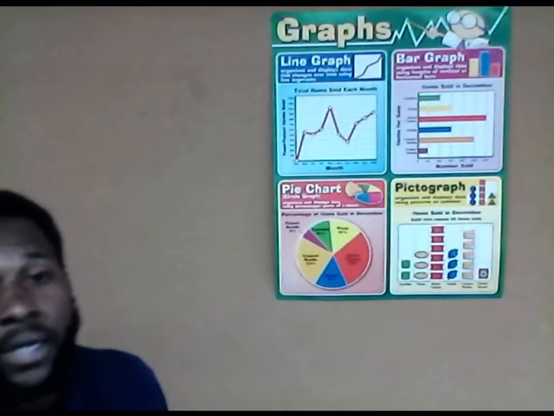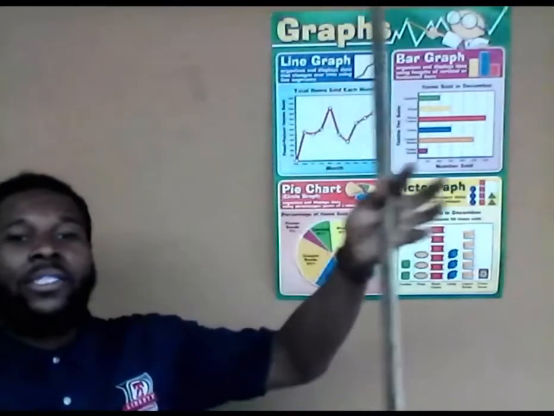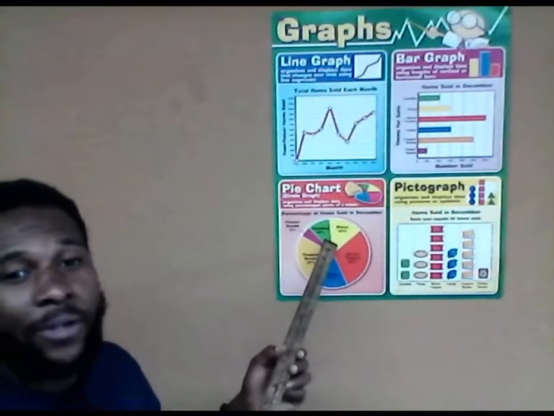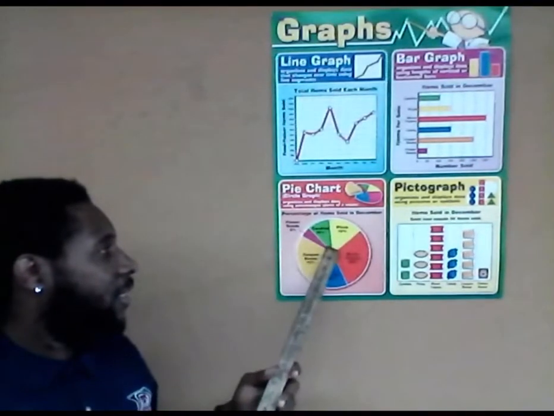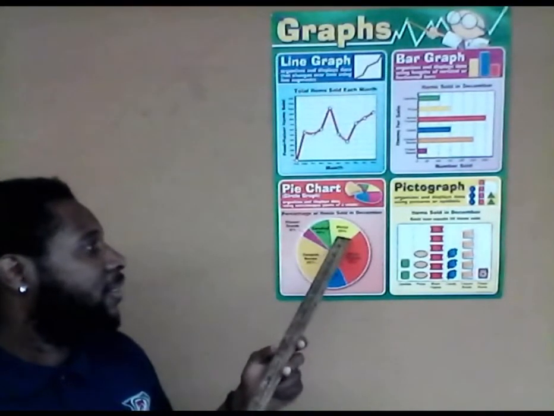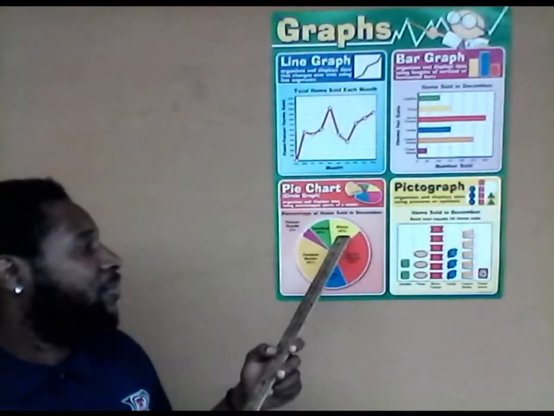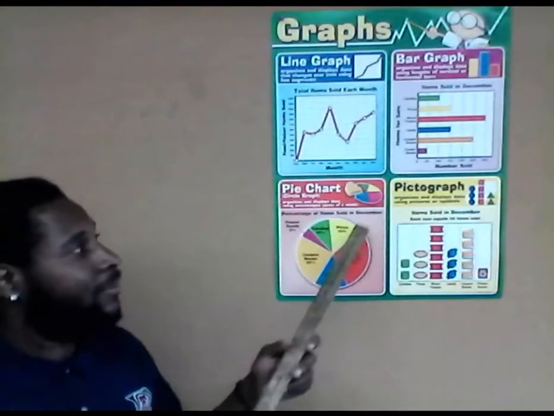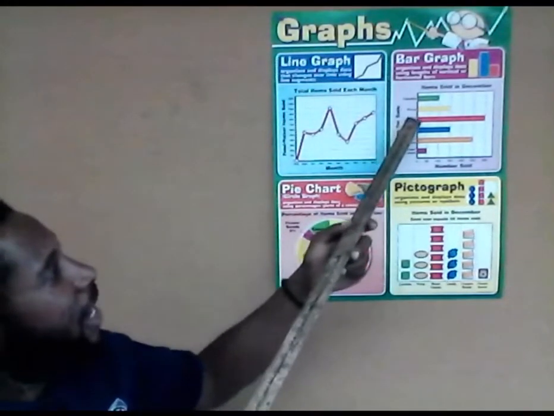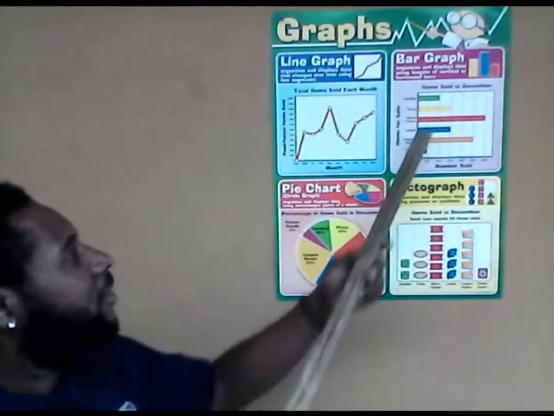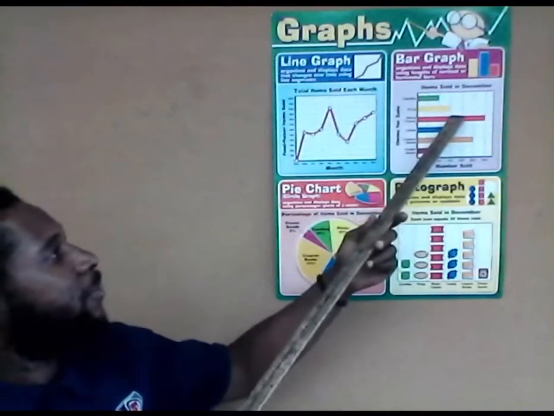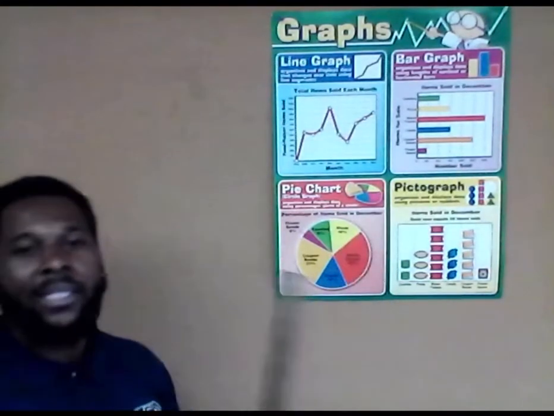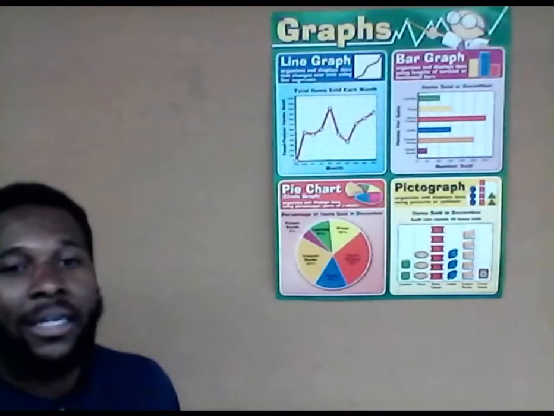So the reason why you can analyze things into a bigger sense is you can change the value. Here I have pizza. It says it's 15%, okay, of my pie. Over here, I have pizza, same color, but instead of saying 15%, it says we sold 150. That's the big difference between analyzing graphs.